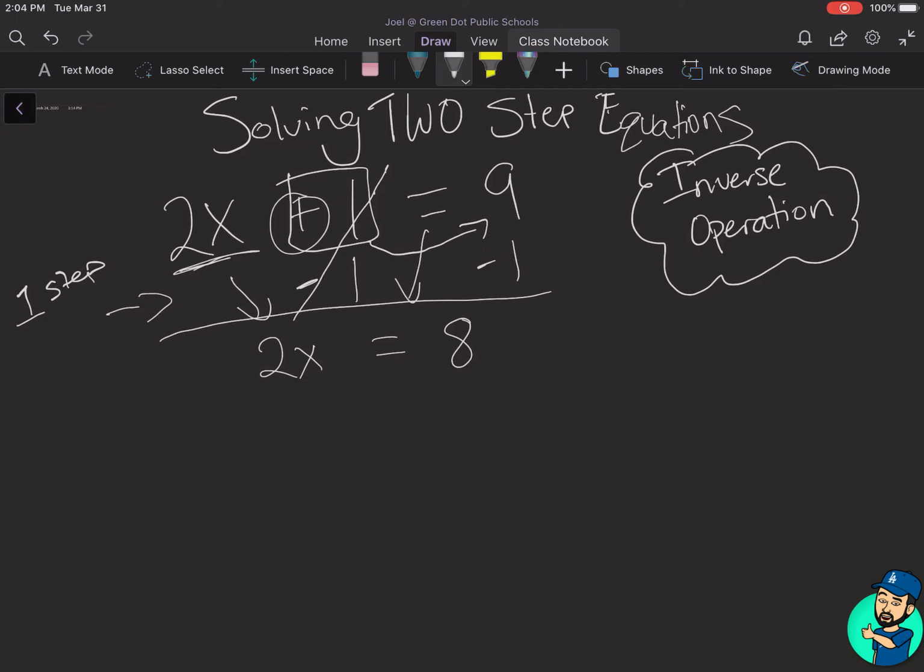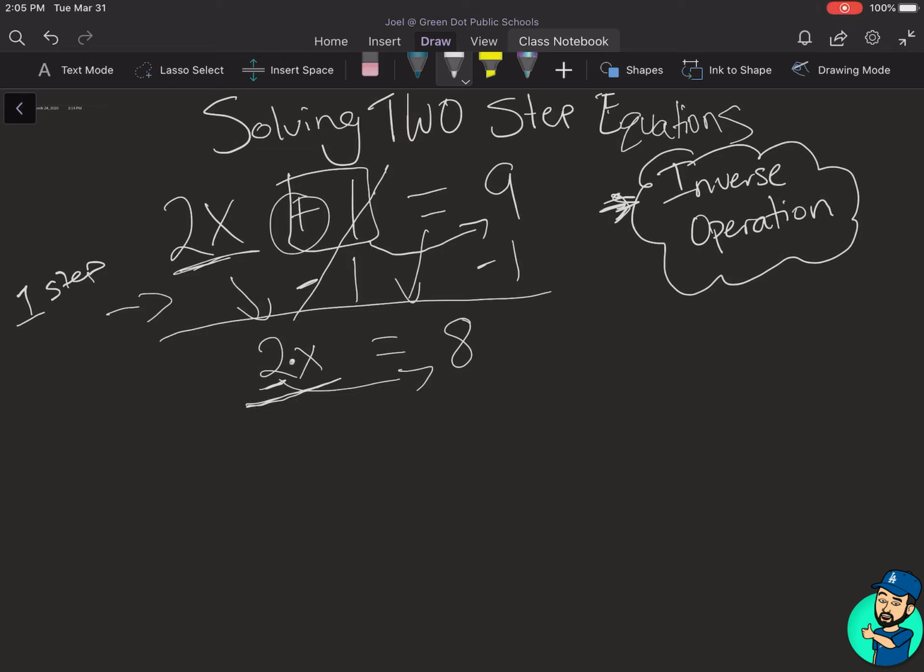we need to get rid of this 2 next to the x. Between the 2 and the x is an invisible multiplication sign. Now to move the 2 to the other side of the equal sign, you have to do the inverse operation. The opposite or the inverse operation of multiplication is division.